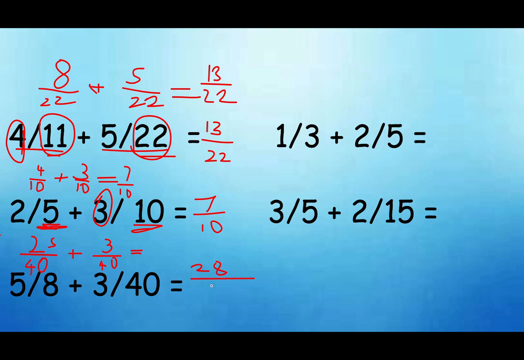Denominator stays the same, so 28 over 40. 28 over 40 can be simplified to 14 over 20. It can be simplified again to 7 tenths.